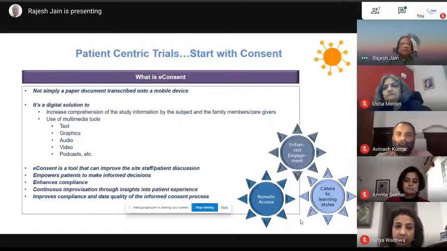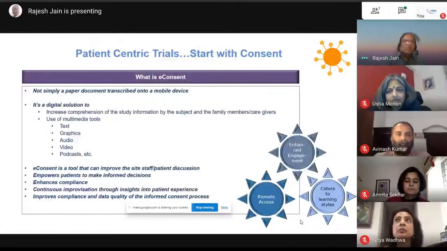Of course, as we have seen in the pandemic, digital technologies dissolve the boundaries between people, and make remote availability of things possible. And that's exactly what remote e-consent technology does: it provides the ability for us to conduct the consent process in a remote fashion.